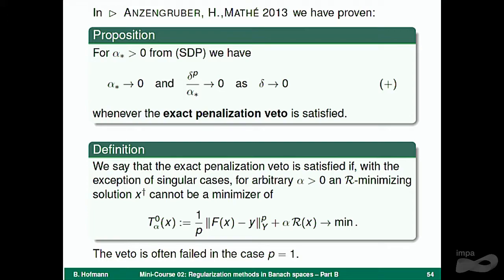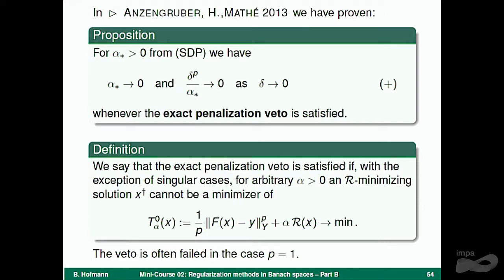This veto is satisfied if, with the exception of singular cases I do not discuss here, for an arbitrary regularization parameter alpha, an error minimizing solution x dagger cannot be a minimizer of this. Here, please have a look: this is the exact right-hand side. If this minimum cannot be the same as the regularized solution, then the exact penalisation veto is satisfied.